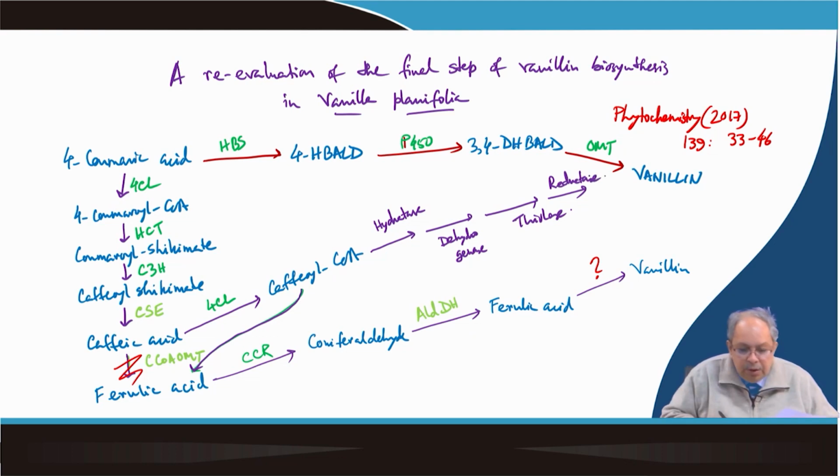So, that means what this group proposed, that from ferulic acid to vanillin is not possible, and it should follow a different route from what they proposed earlier. So, basically this was a scientific war started between the two groups. Both of them have their own views.